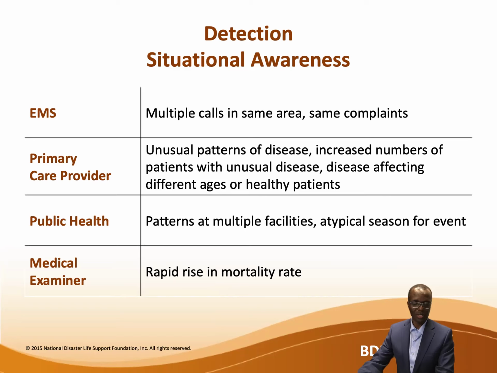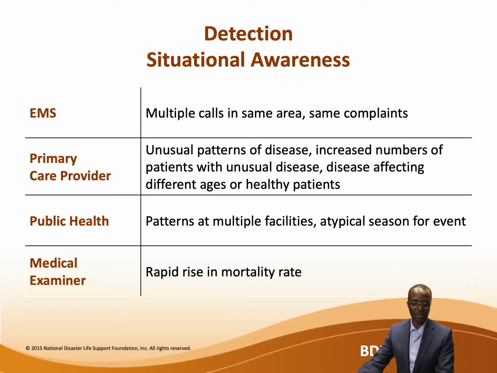Primary providers are key and help to recognize different patterns, such as new constellation of symptoms, increased numbers of common diseases, or common disease out of season, diseases affecting different populations, and many more.